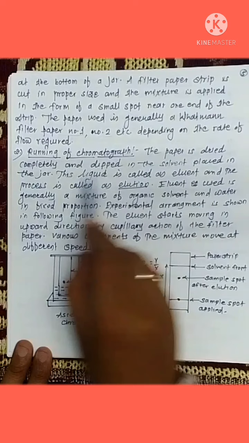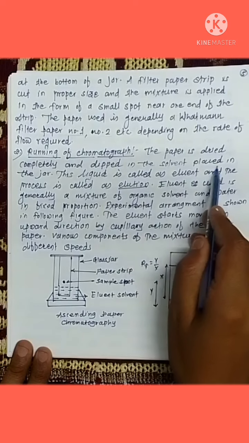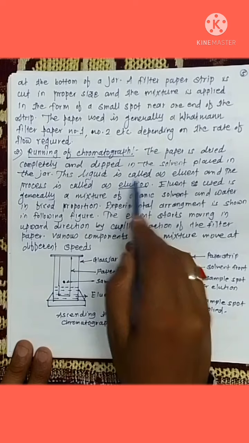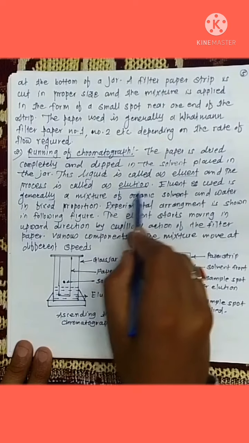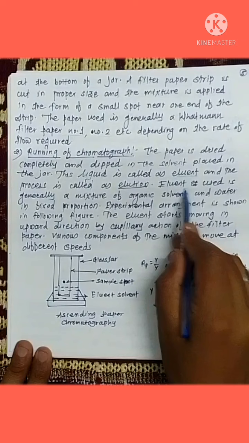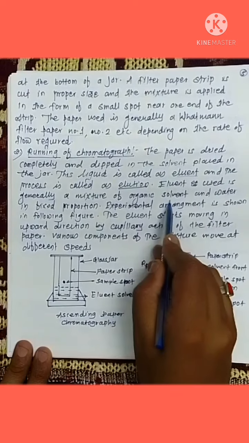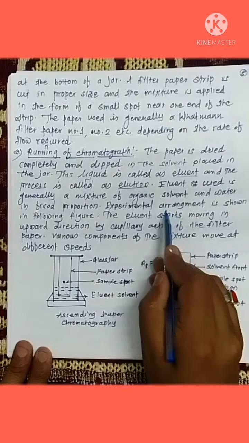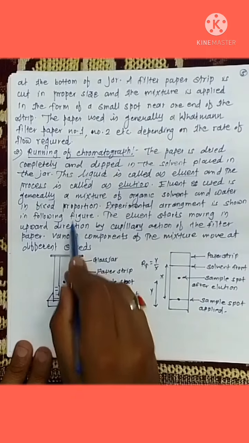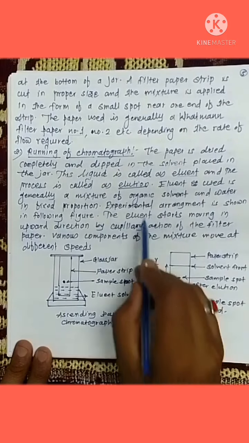So the paper is dried completely and dipped in the solvent placed in the jar. This liquid is called the eluent and the process is called elution. The eluent used is generally a mixture of organic solvent and water in fixed proportion. The experimental arrangement is shown in this figure.